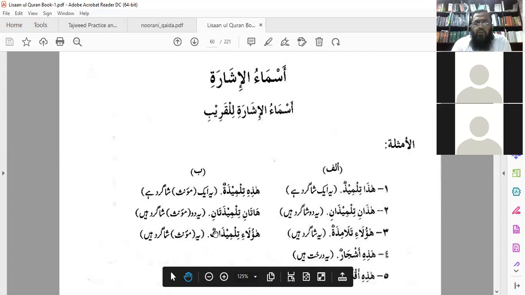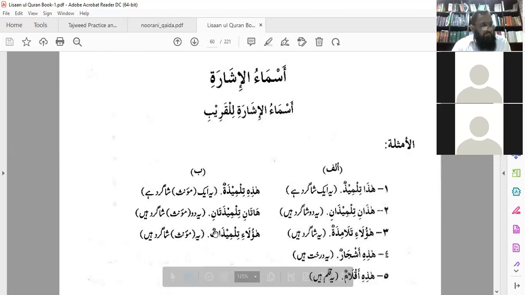You remember Ismul Ma'rifa, the types of Ismul Ma'rifa. Anybody remembers? We started with the first classification of noun, al-ma'rifatu wan-nakiratu, if you remember.